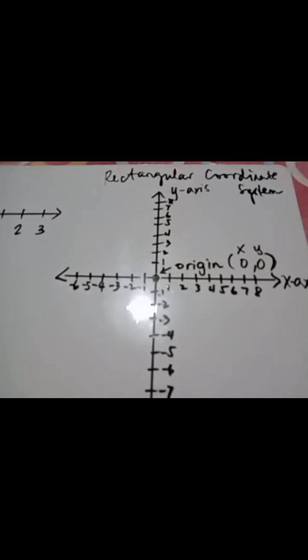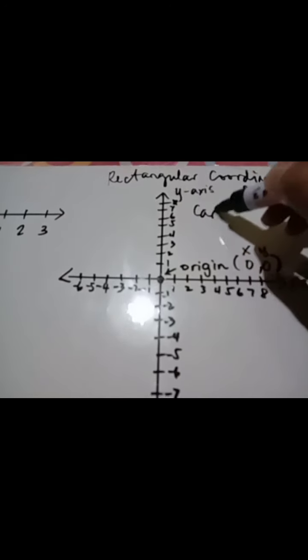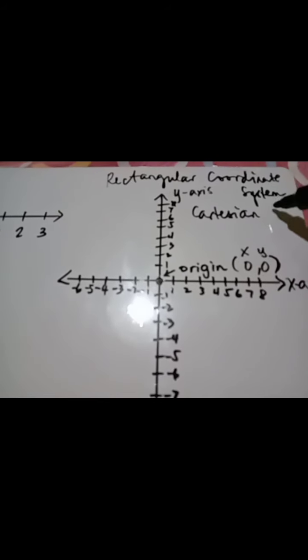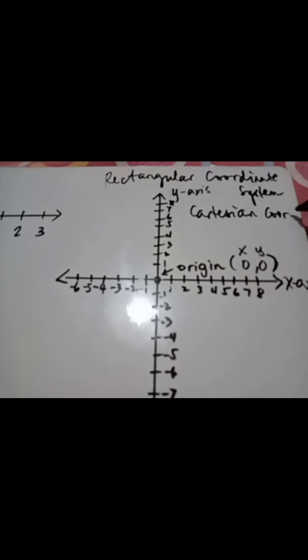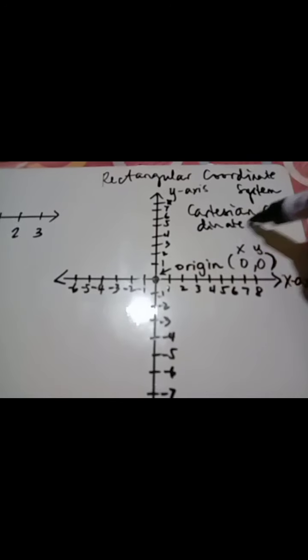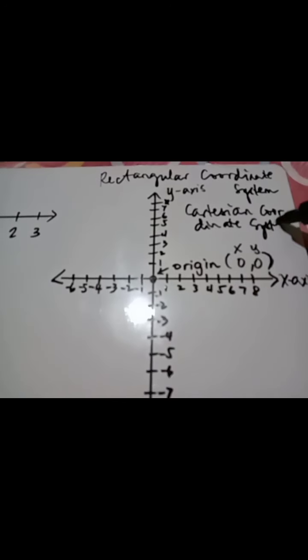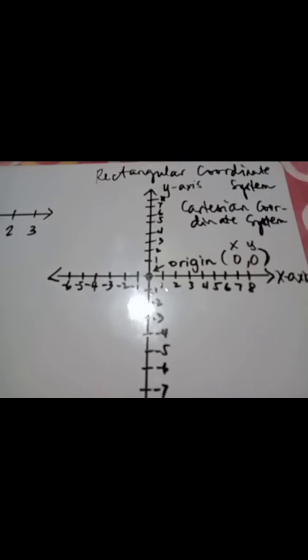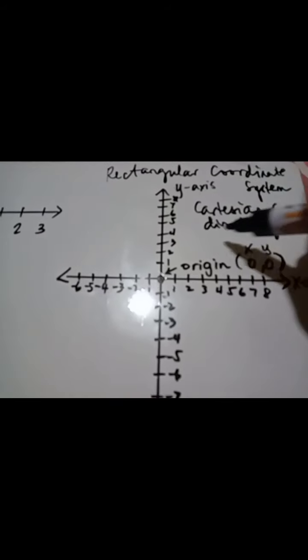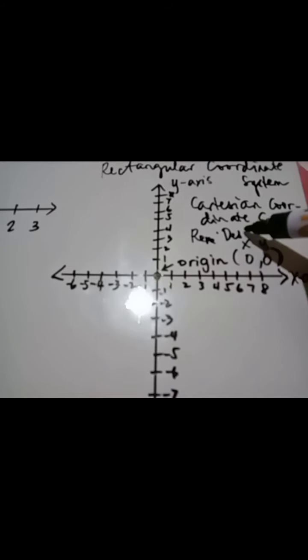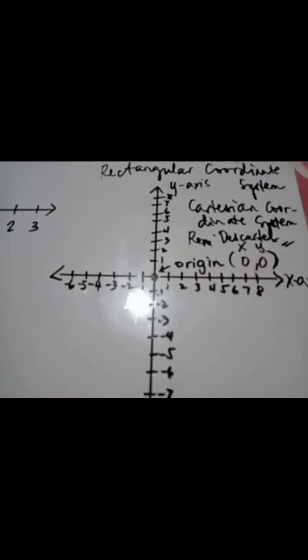It is also called the Cartesian coordinate system, named after René Descartes, the one who found the Cartesian coordinate system.